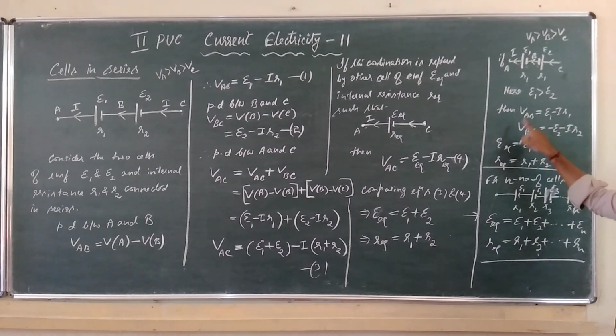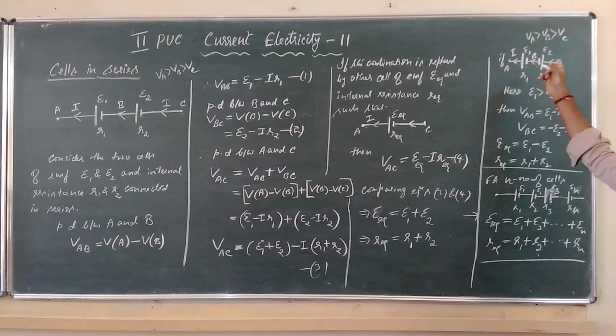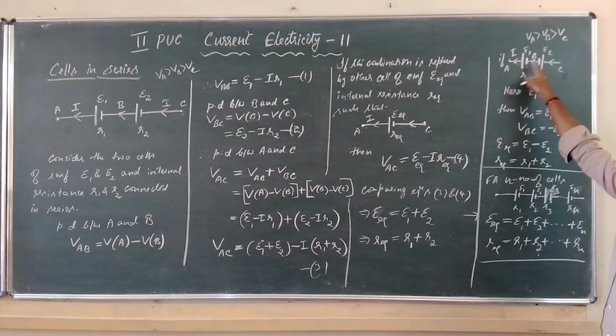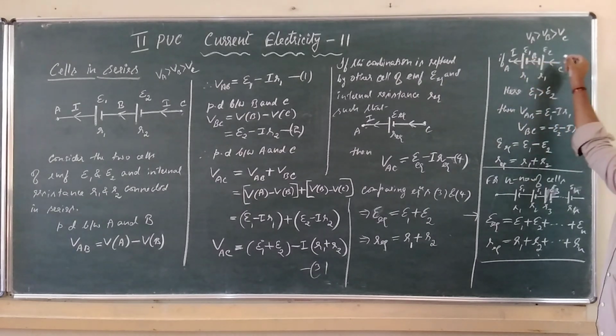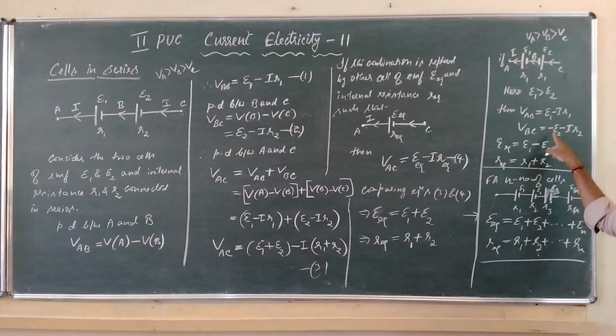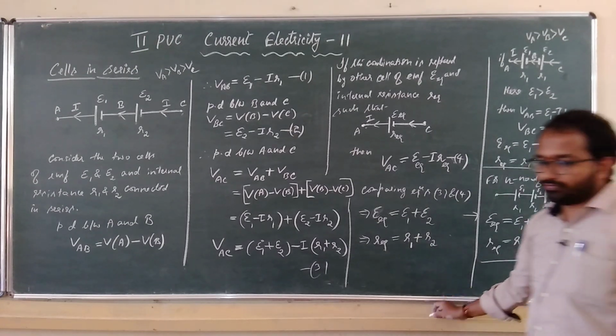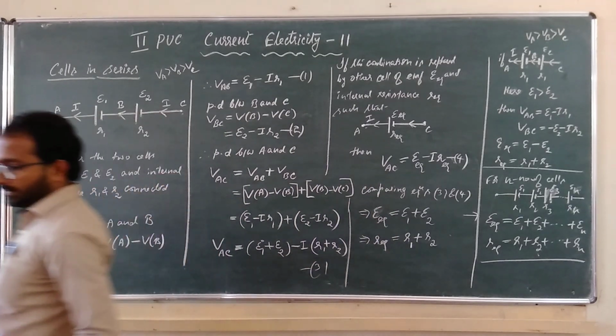Here the condition is E1 is greater than E2. If E2 is greater than E1, the direction of current will be reversed, then E2 should be positive, whereas E1 is negative. So this is an important derivation, may be asked for 5 marks.